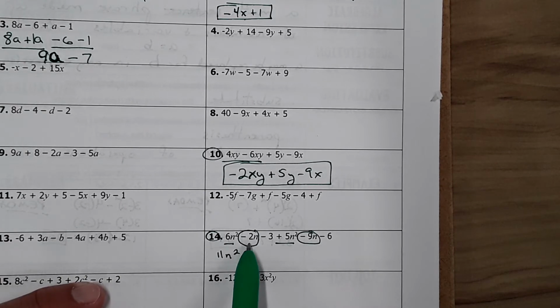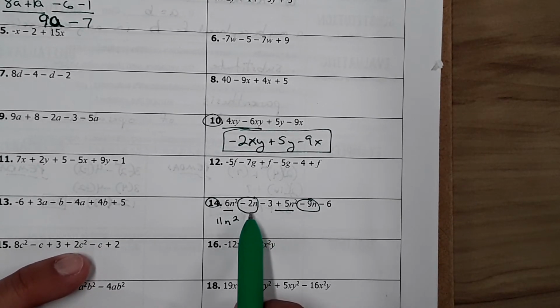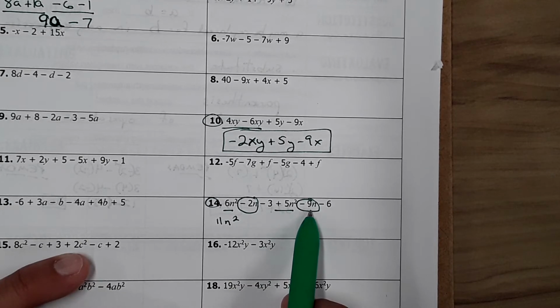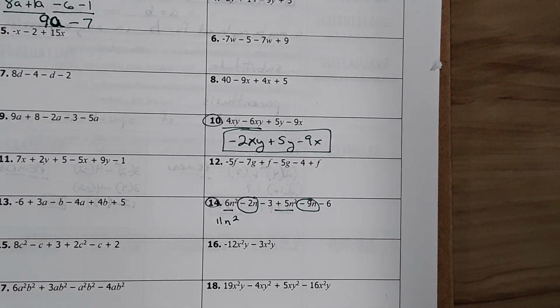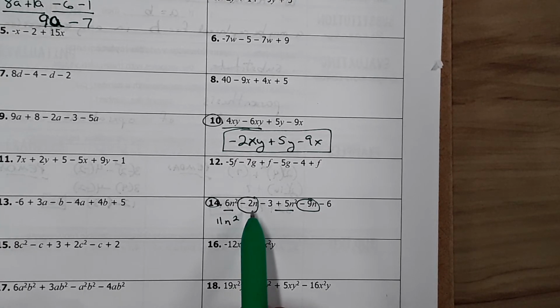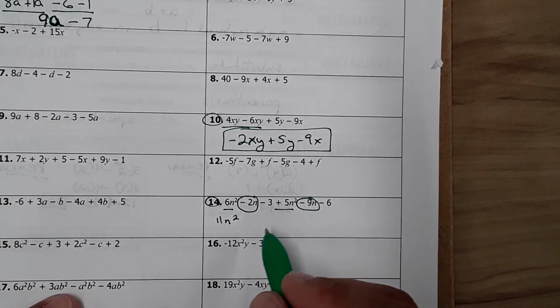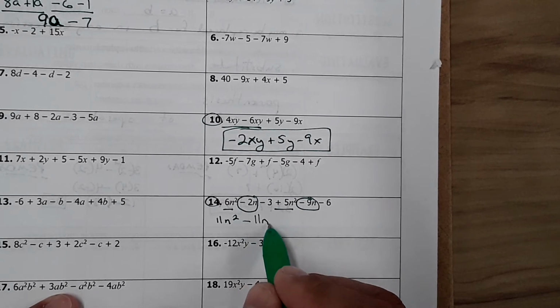Now remember, the sign in front of that term belongs to that term. So that is a negative 2n and that is a negative 9n. Remember subtraction signs, you treat that term as a negative number. So even though there's a subtraction sign in front of it, I'm going to treat this as a negative 2n and treat this as a negative 9n. Negative 2 and negative 9 make negative 11n.